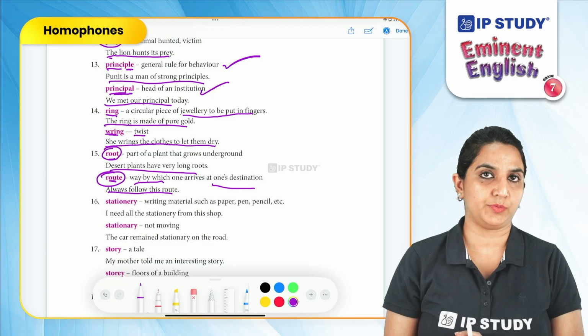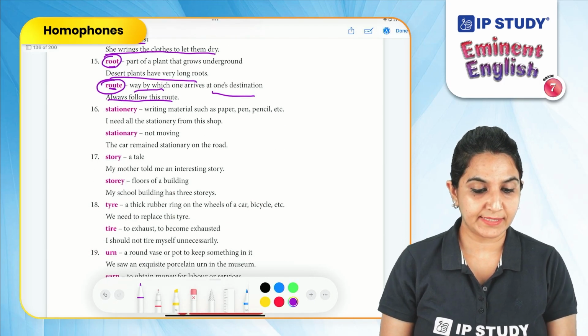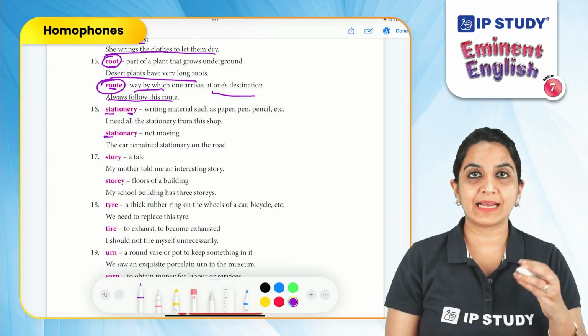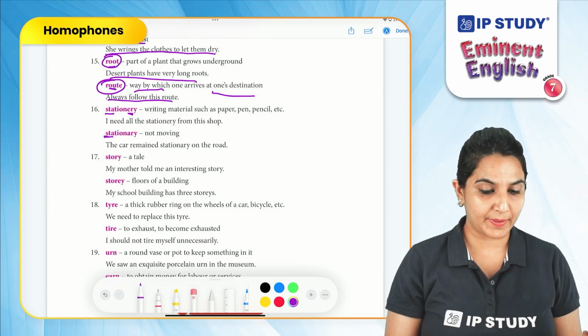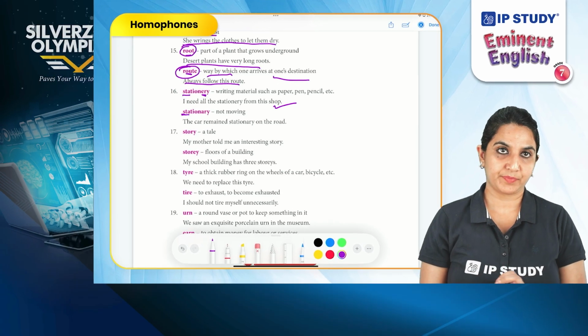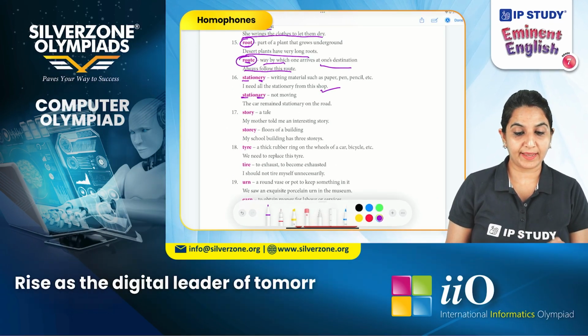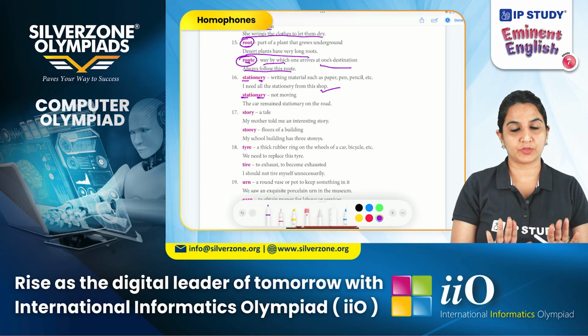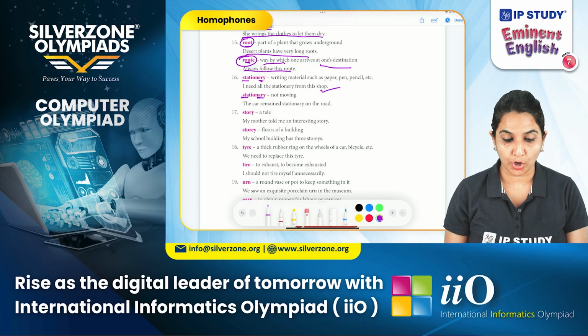Always follow this route. Similarly, stationery, stationery. The one with E is the writing material such as pen, paper and pencil. I need all the stationery from this shop. Stationary with ARY means rest position, stop position, something not moving.